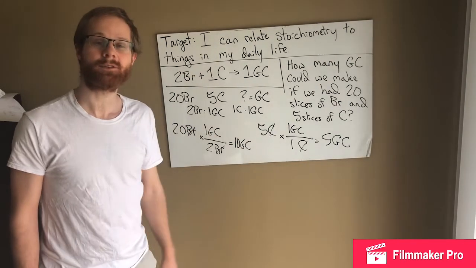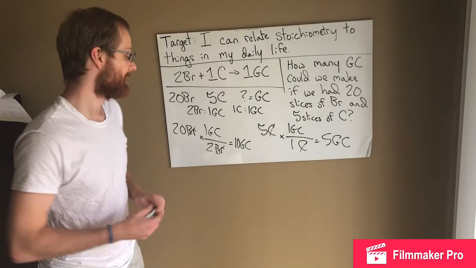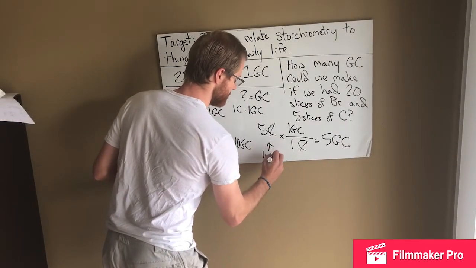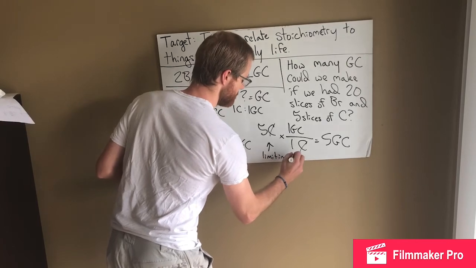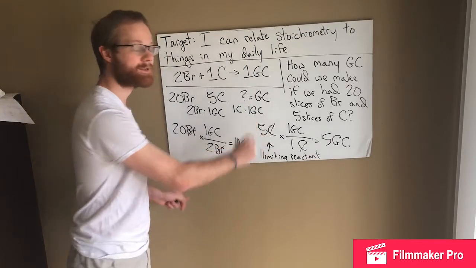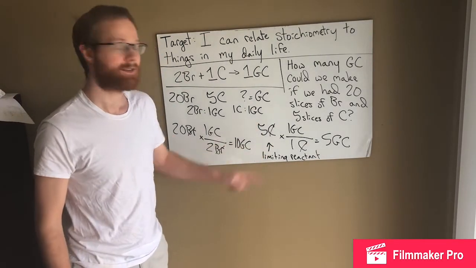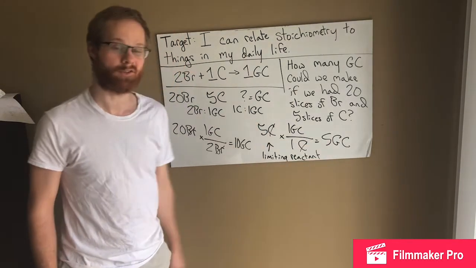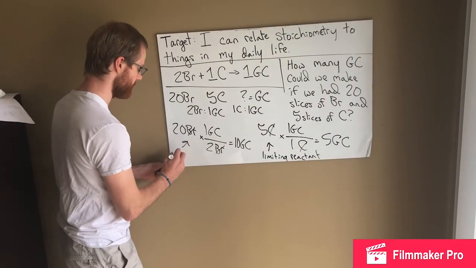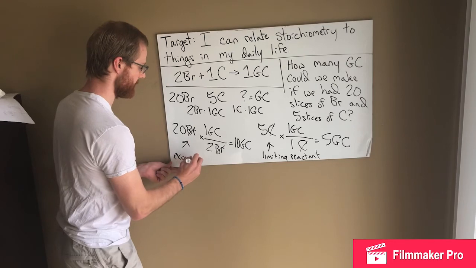Our cheese in this particular problem is what is called a limiting reactant. Because it limits our reaction. It limits this reaction to 5 grilled cheese sandwiches. And our bread is called our excess reactant.